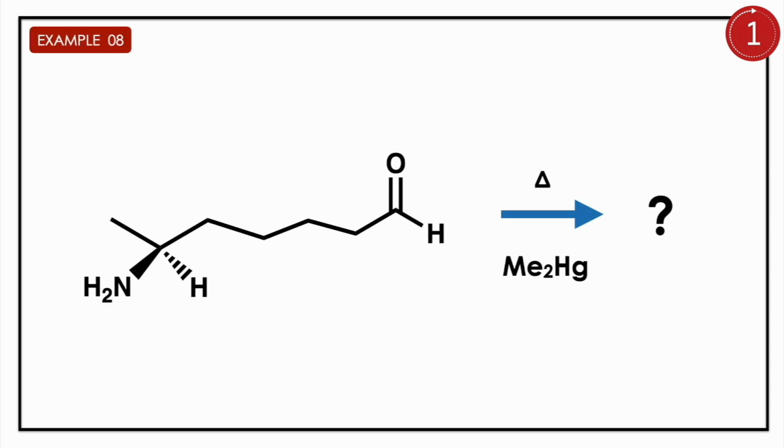Then the next example. Here you have an aldehyde. It is attached with a long chain. In the penultimate position, you have an amine and hydrogen on a carbon with chiral nature. Amine above the plane, hydrogen below the plane. You are heating it up. Dimethyl mercury you are using. You should find what will be the final product.